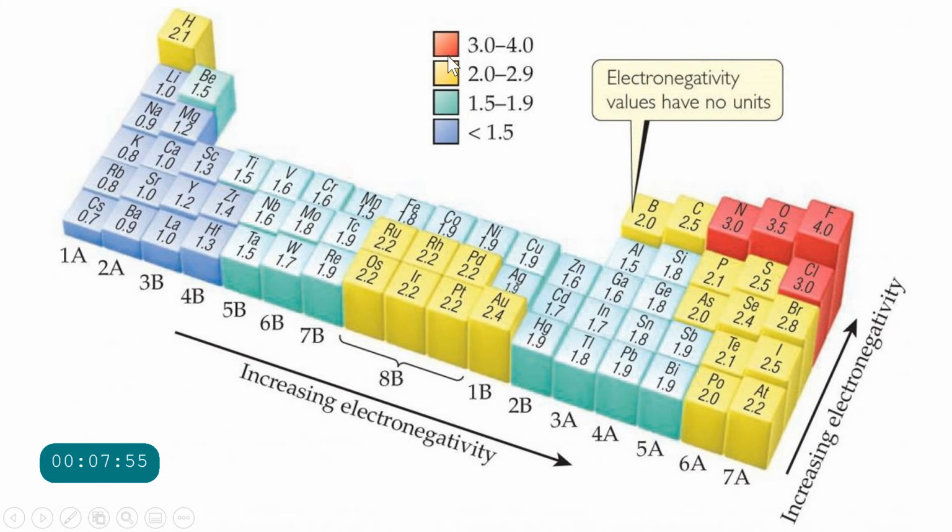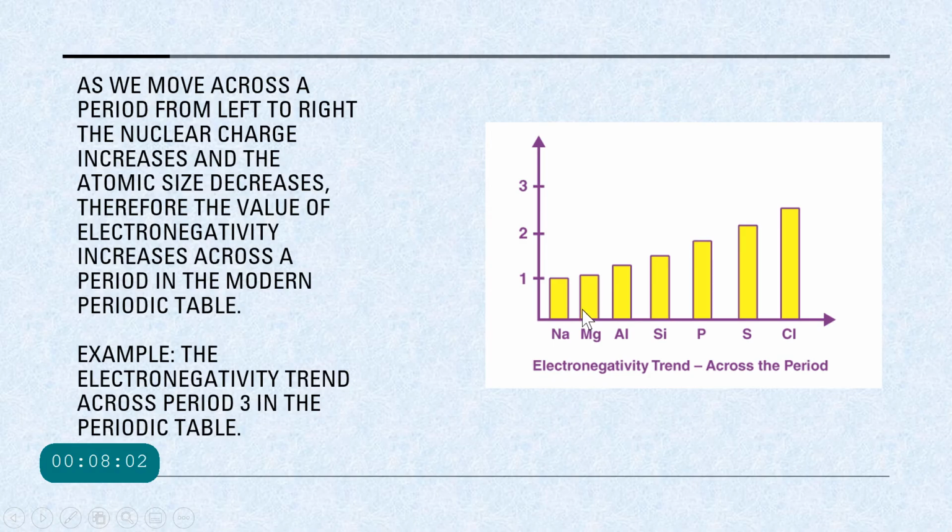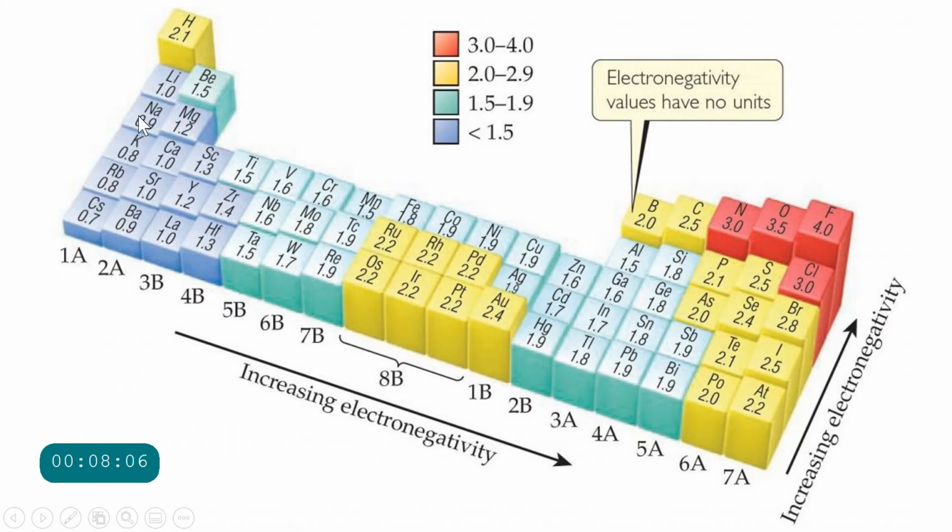And then this just shows electronegativity in color. Here we've got our elements, and this line here on period 3 is what we're looking at, going from left to right.